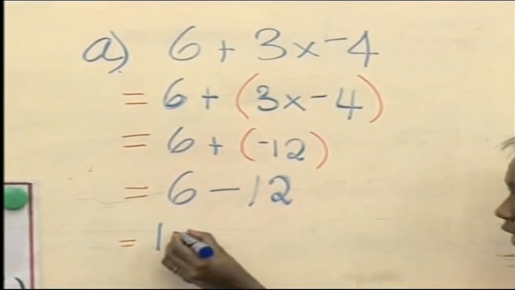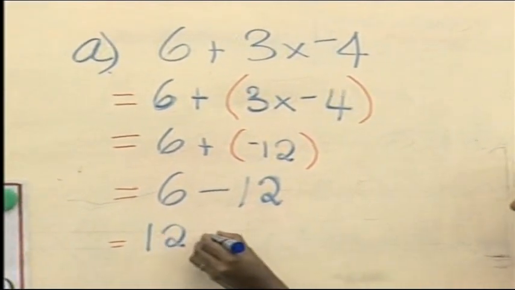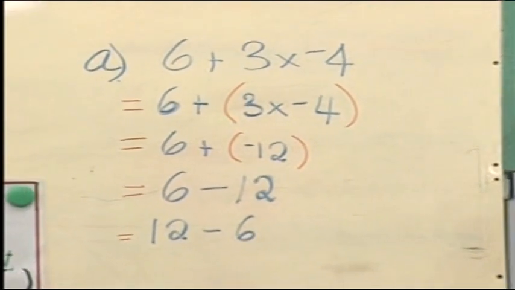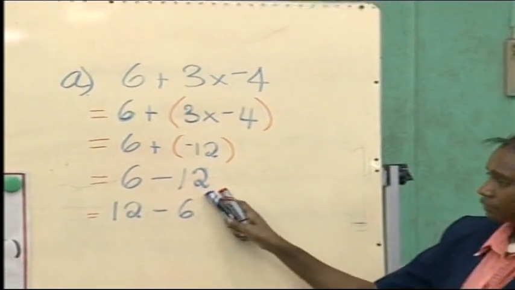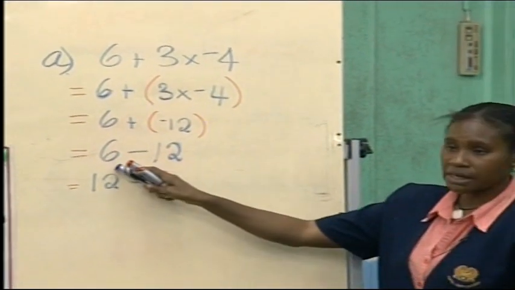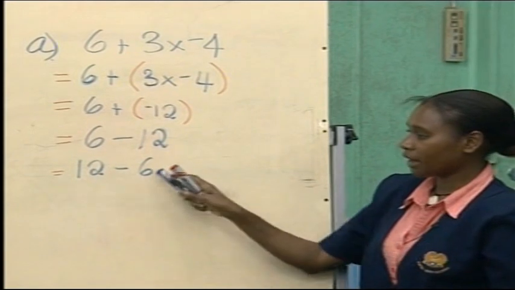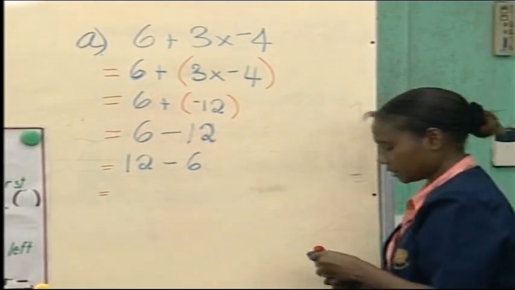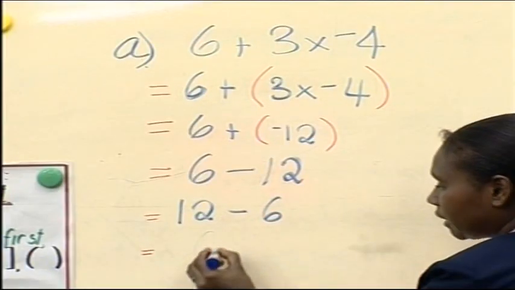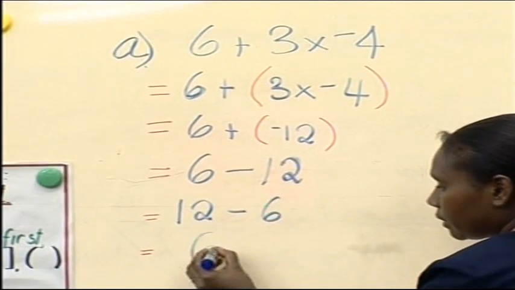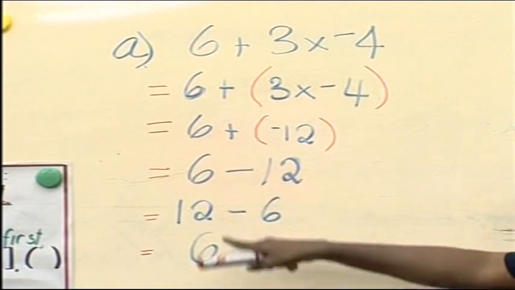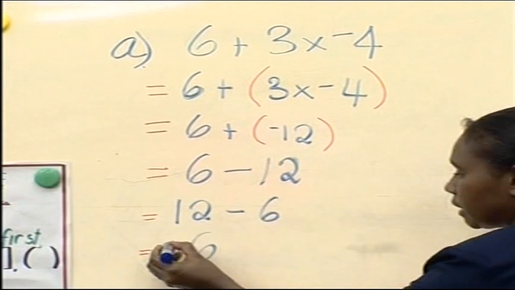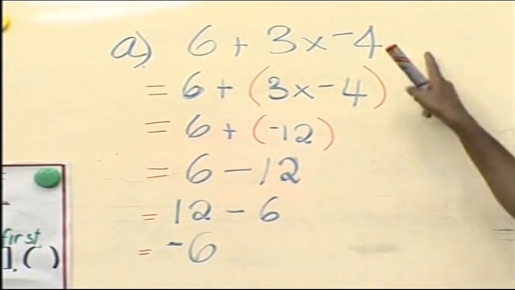We have 12 as our bigger number, subtract 6. The sign of the bigger number is negative 12. Negative 12 is bigger than 6. 12 minus 6 would be 6. And the sign would be negative 6, because we are getting it from this bigger number. So that is the answer to this problem.